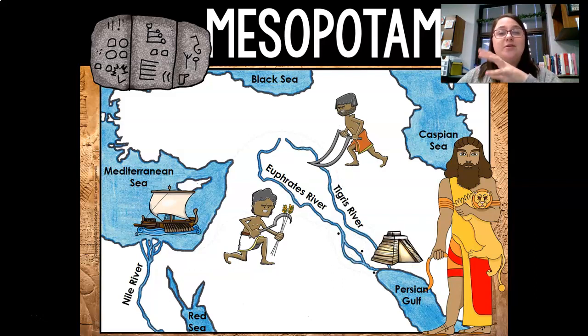Now we're going to look at some of the major cities here. There were 3 major cities in Mesopotamia that pop up very, very often, and if you look at where they're located, they're all right along the river. So we have Babylon, which you've maybe heard of before, especially if your family is Christian.